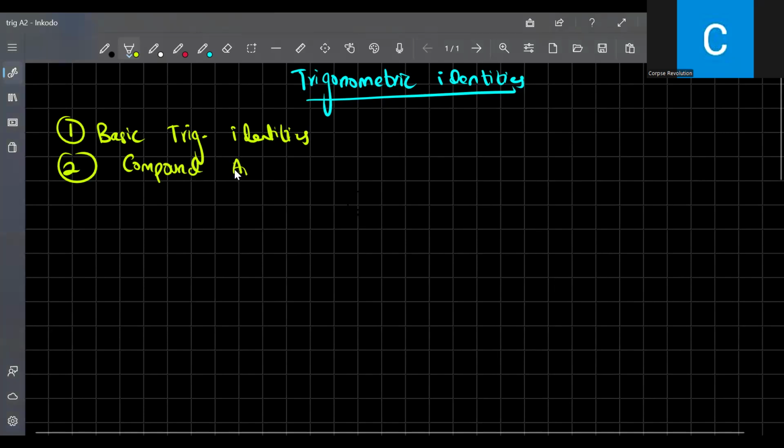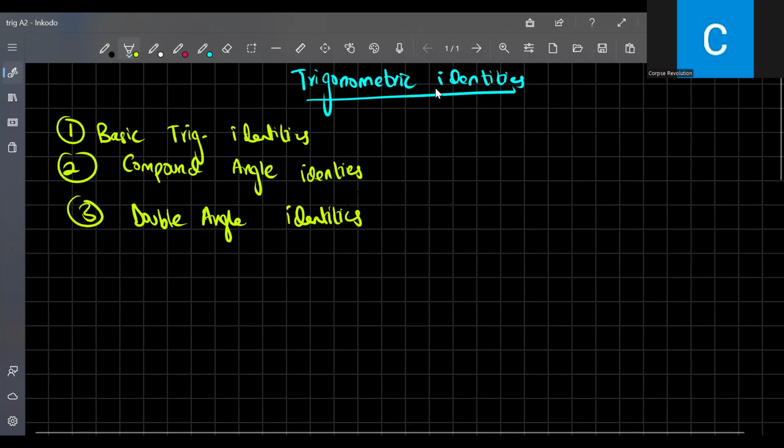And number three, double angle identities. As much as I hate to say this, the identities we are going to study under each of the mentioned headings, you will have to learn them by heart. There is no escaping it.